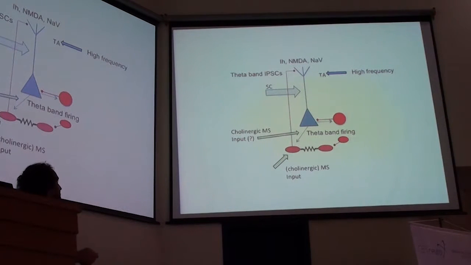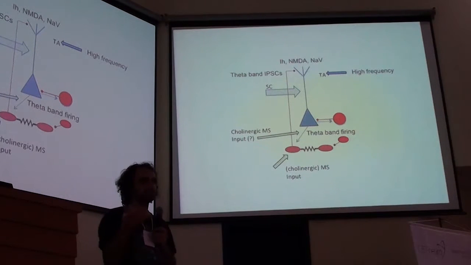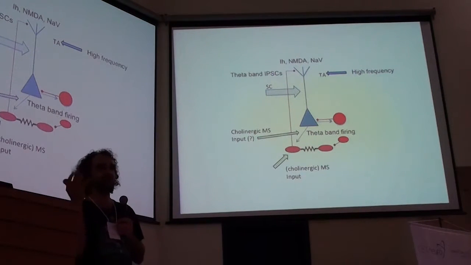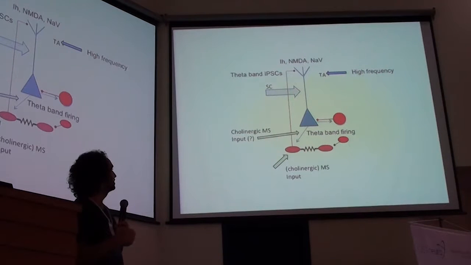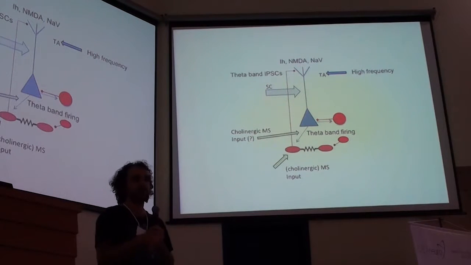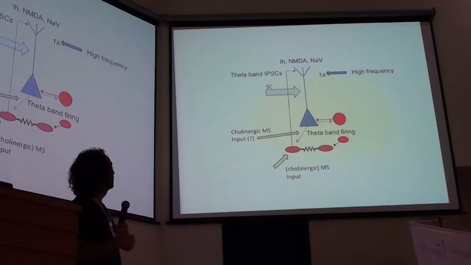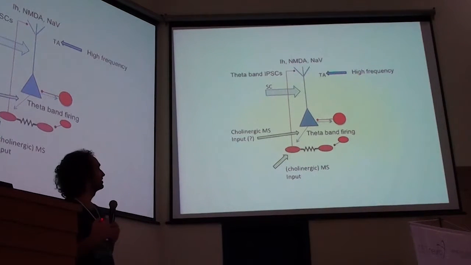So the hypothesis: you have a perisomatic compartment that could be firing, being influenced by higher frequency components like gamma or whatever. And you have this distal compartment where you have more sodium channels, you may have the generation of NMDA spikes, and you have also more IH. What actually indicates that is the inhibition of OLM cells.